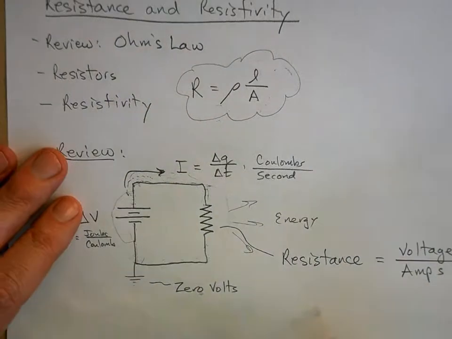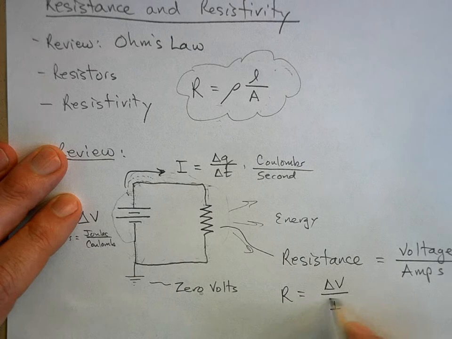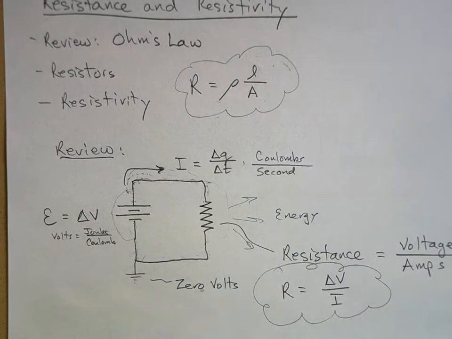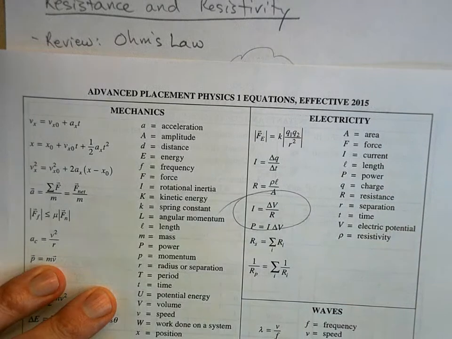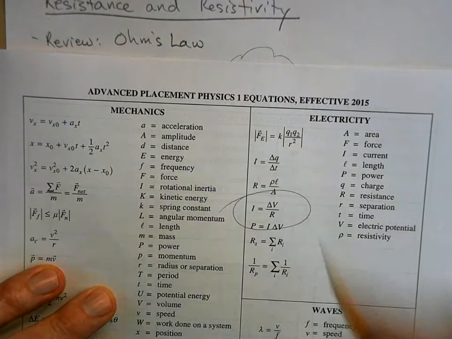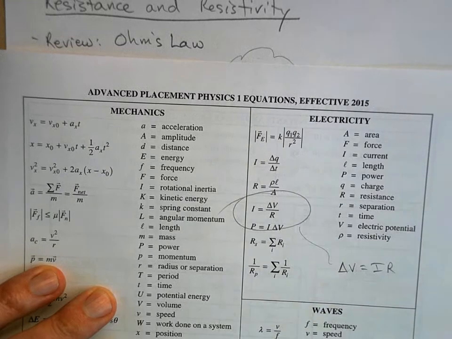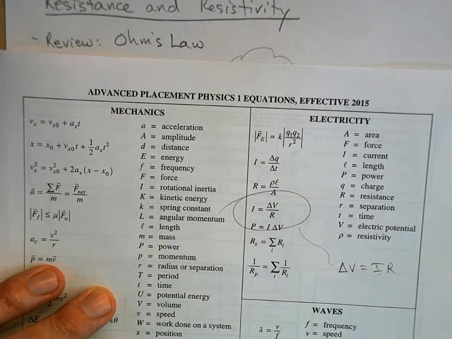I mean the equation R equals delta V over I. Now, I like to express Ohm's law like this, but the book expresses it like this. I don't know why, but I see this quite often. I'll see delta V equals IR, which kind of makes sense. If you want to know what the voltage drop is across a resistor, multiply the current through it times its resistance, and that'll give you the voltage drop across the resistor.